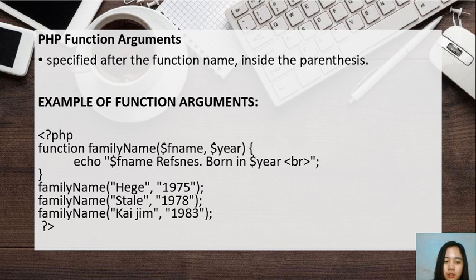Then in the example, the function has one argument, fname.